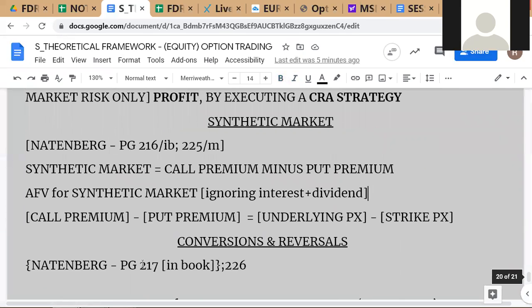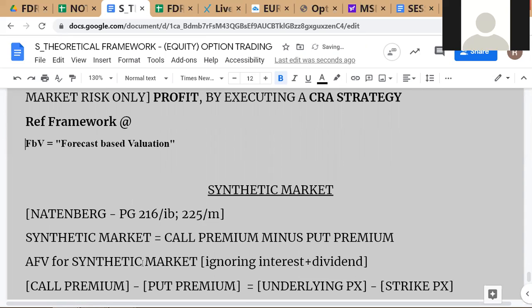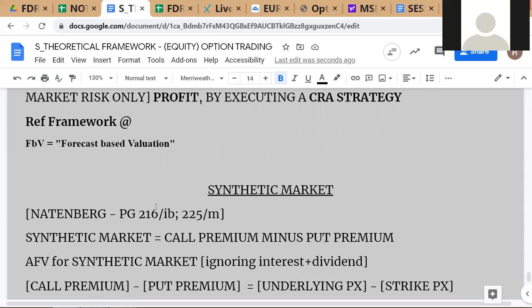Now we are discussing the framework here. Refer framework. And what is the framework? For this, we will just use this. So if we take this, we put it here.